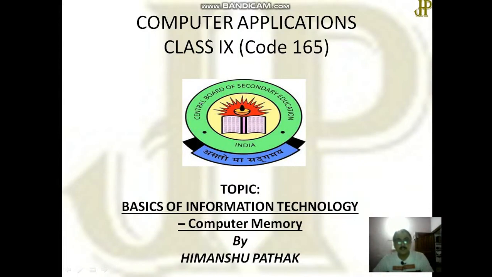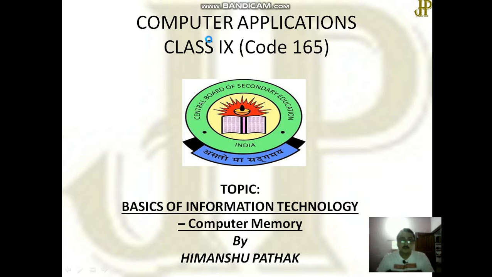In the previous video, we learned the basic components of computer system. We saw that the basic components can be categorized into four. One is input devices, second one is output devices, third one is memory unit, and fourth one is CPU.